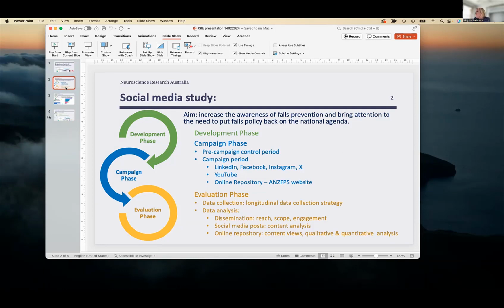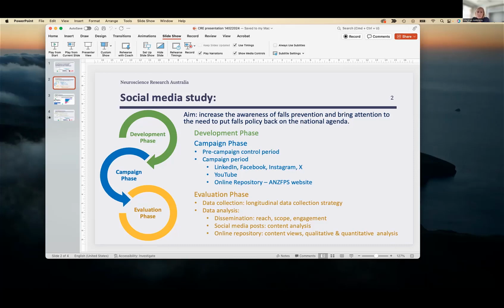This project that we're going to undertake has 3 phases. The development phase, which I'm going to spend most of my time talking to you about, followed by a campaign phase and an evaluation phase. The campaign's aim is to raise awareness about the importance of falls prevention and start a conversation about the need to put falls on the agenda.